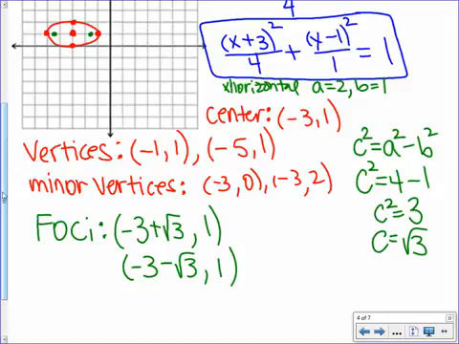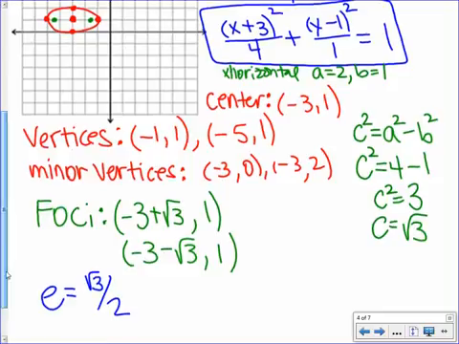So that is how I would want you to write your foci. If it asks for eccentricity, all you have to do is take c divided by a, and that's your eccentricity.